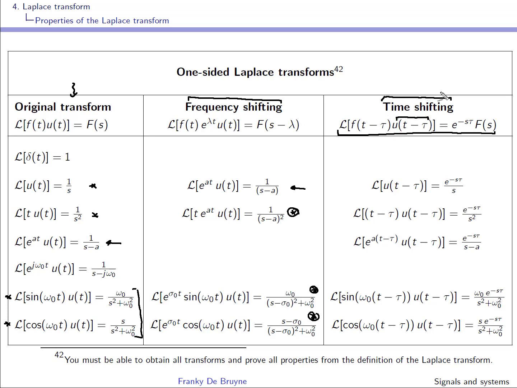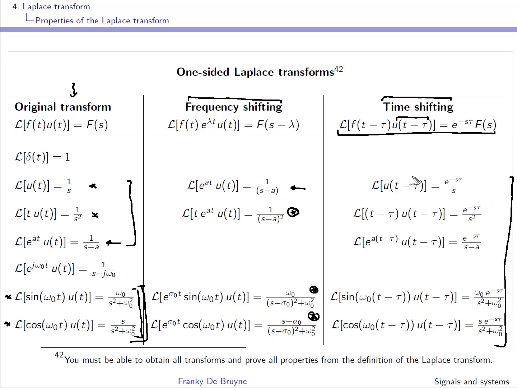So what we'll do is use this time shifting property on, well, these three original transforms and these two original transforms that are the sine and cosine, and you obtain, very easily, the following transforms.